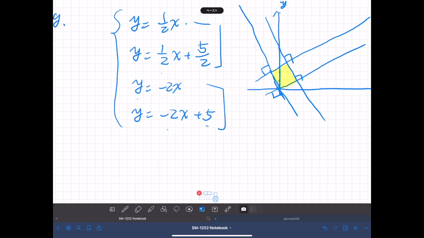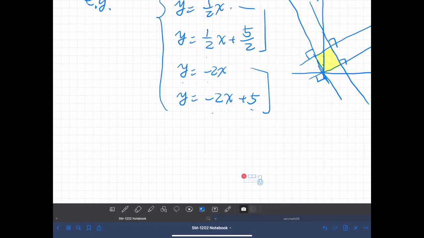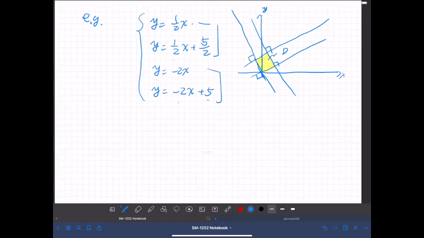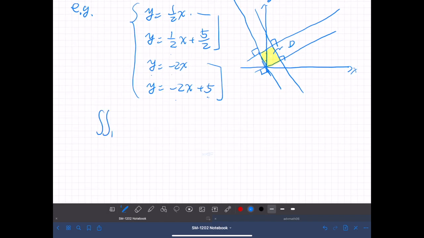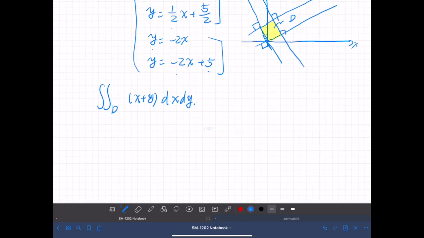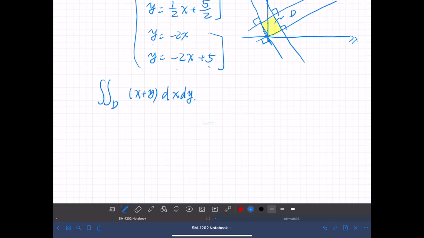So let's call this region D, and let's try to integrate the function x plus y on this region. If you divide this region in a smart way, you can just carry out this integration.